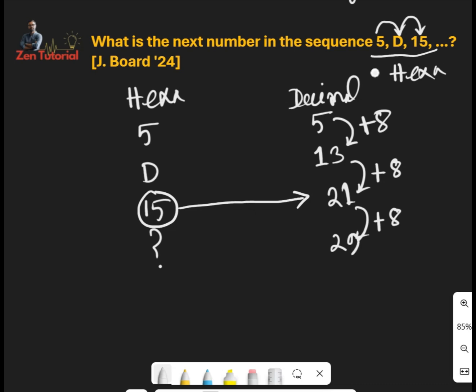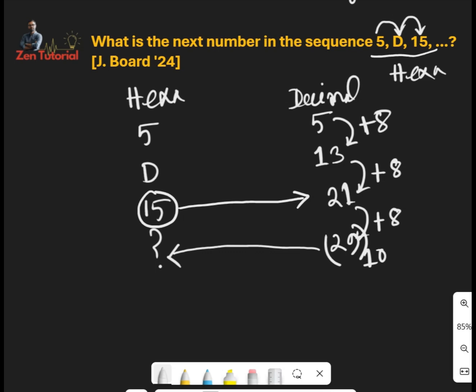The next value of 21 is 29 in decimal. Now we have to determine the hexadecimal of the 29 decimal value. This is our main target, and this is actually the fourth sequence number of this hexadecimal sequence.